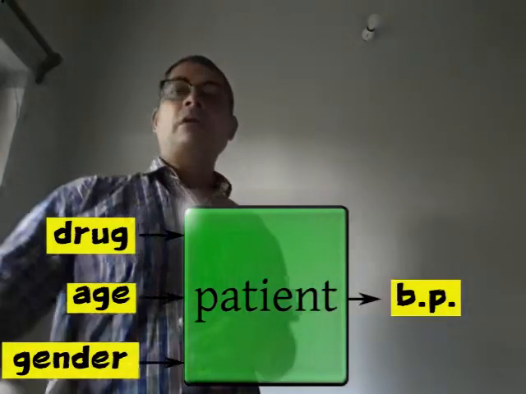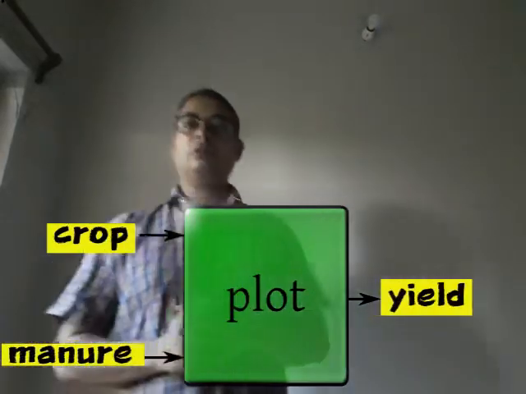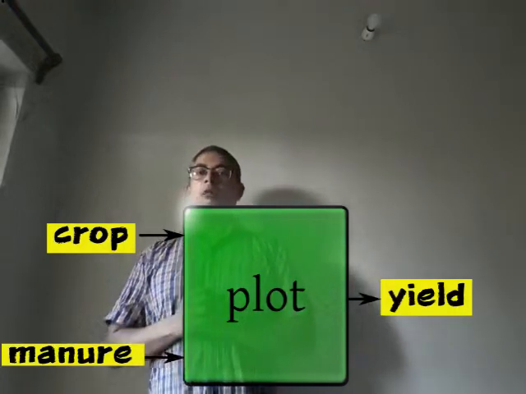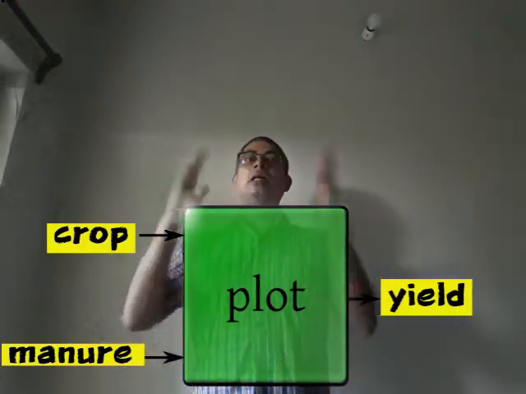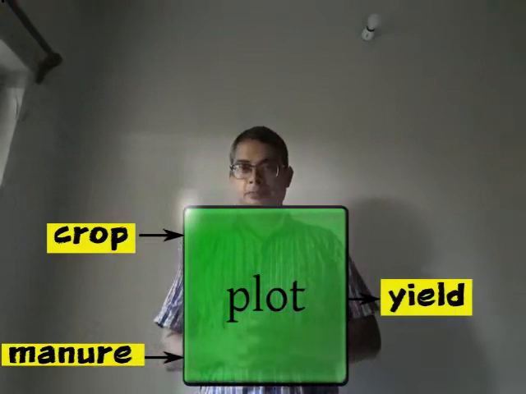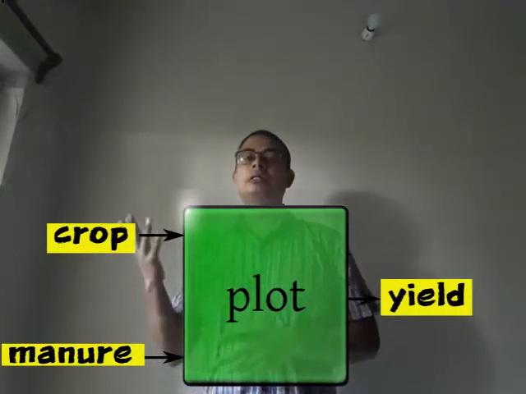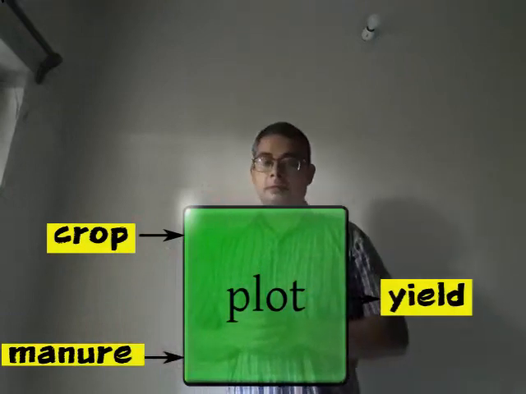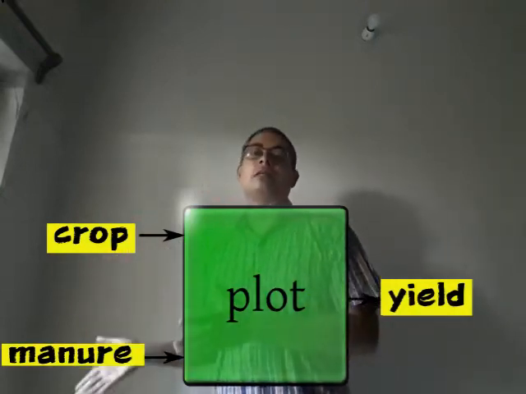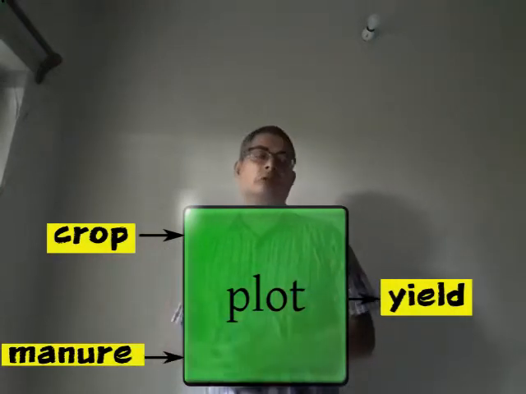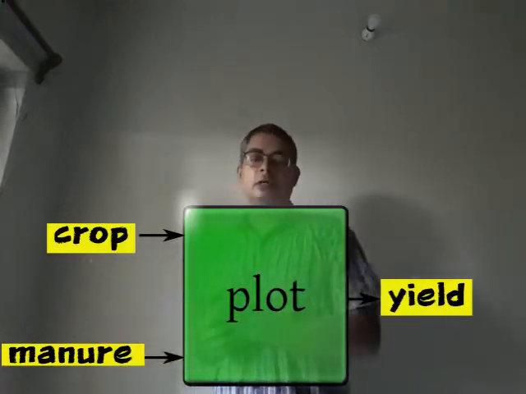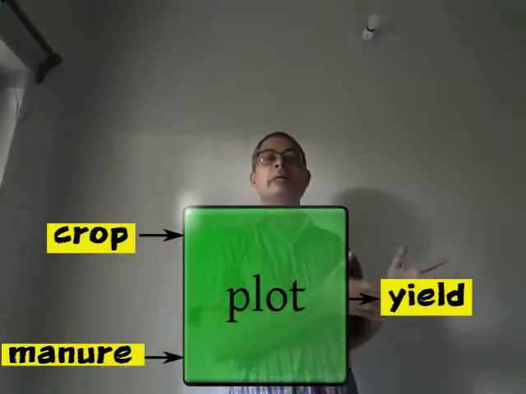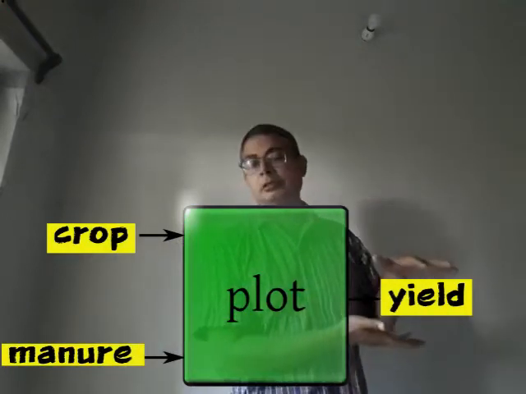Yet another example of the same black box approach is taken from the agricultural world. Here the system is a plot of land, and you are sowing some crop in it, paddy or wheat or whatever, and you are also applying some kind of manure. It could be compost, it could be magnesium, phosphate, whatever, and the response that you are measuring is the yield.